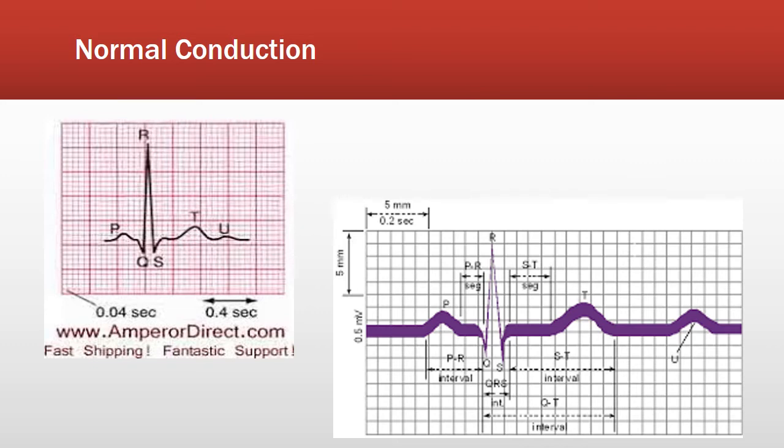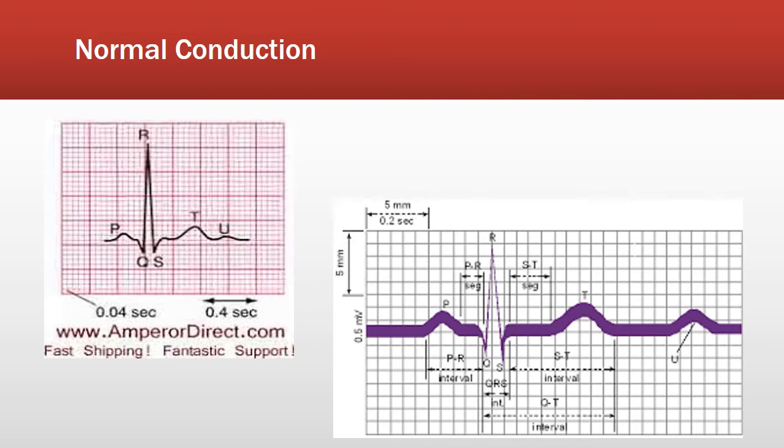So if you would be measuring this PR interval, it would be at least 0.16 seconds because there are at least 4 big boxes and maybe part of another one, so it might even be 0.18 seconds. The QRS is probably around 0.06 seconds because it's half of one and the majority of another.